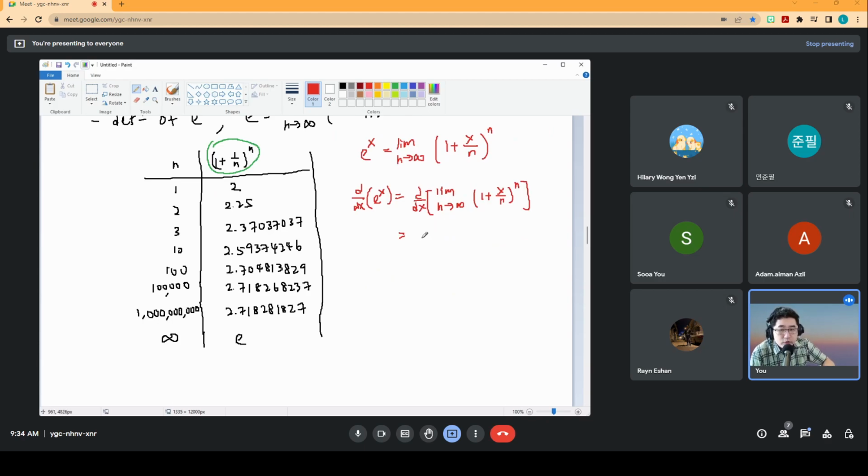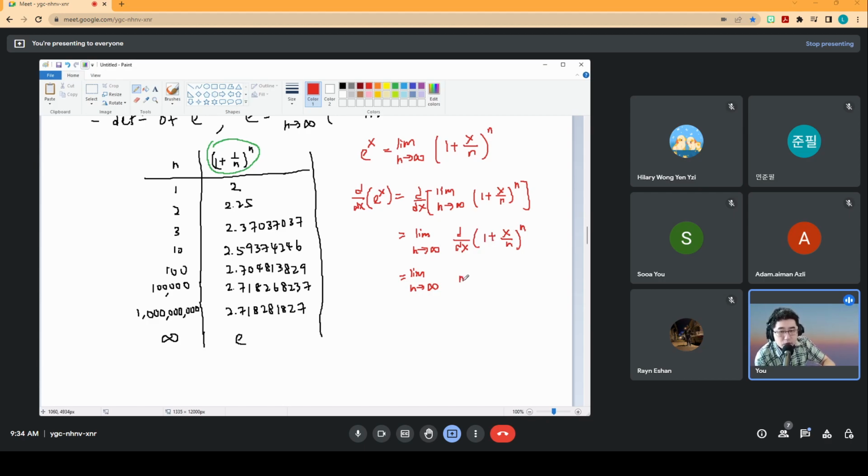The limit and differentiation can actually switch places. So d/dx of (1 + x/n)^n here. The limit, leave it there, don't disturb it. We differentiate this just like how we differentiate for our P1.